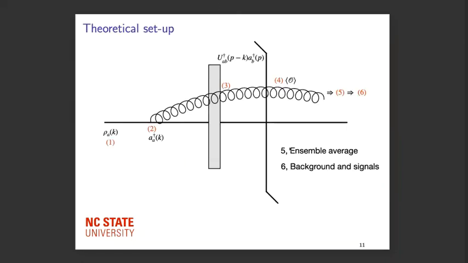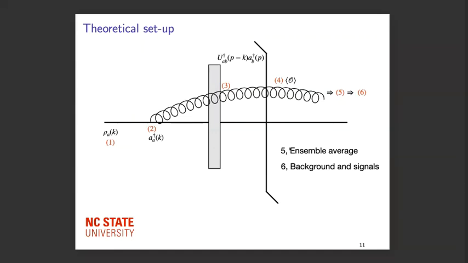Right. So after all this introduction, I want to describe how this theoretical study was set up. First step, we need to model the projectile, so we need some model. We sample a source from some distribution as a starting point.